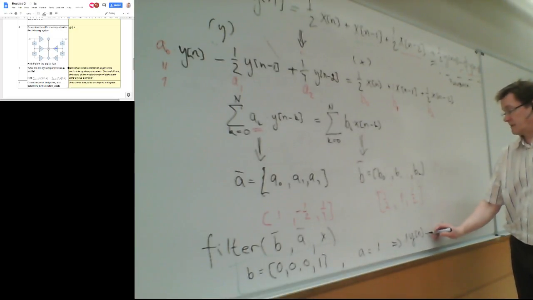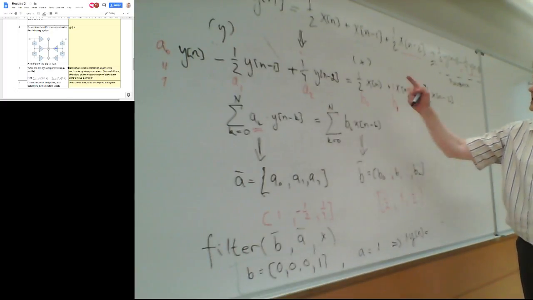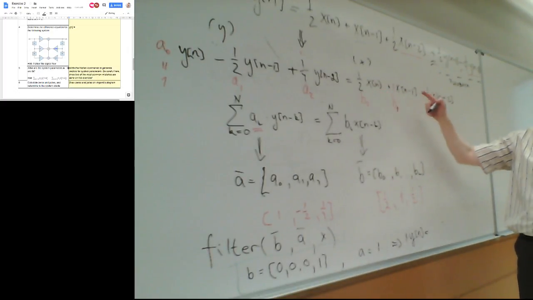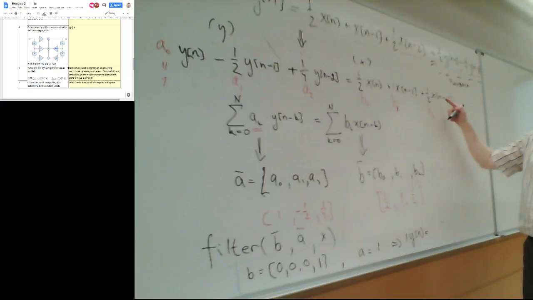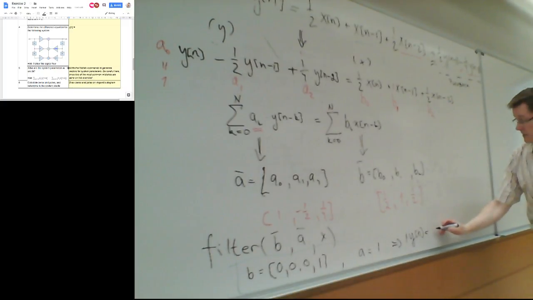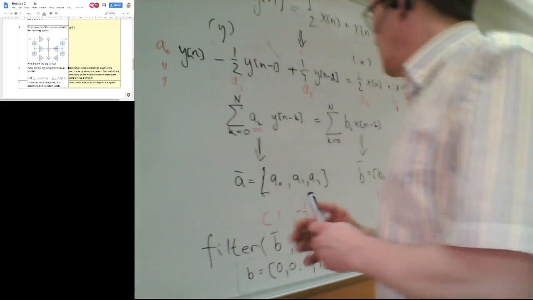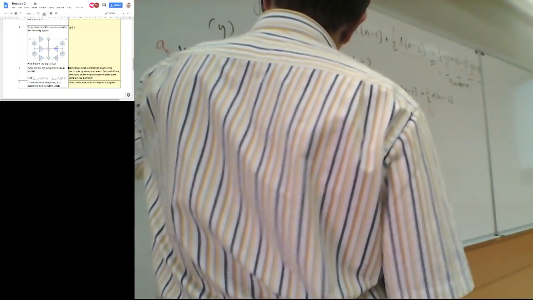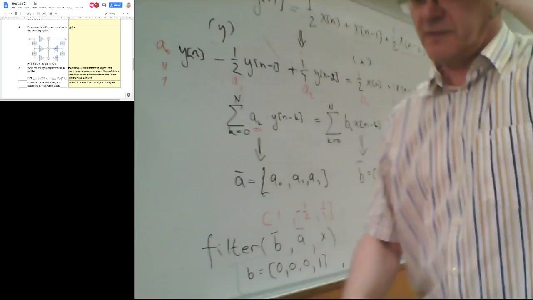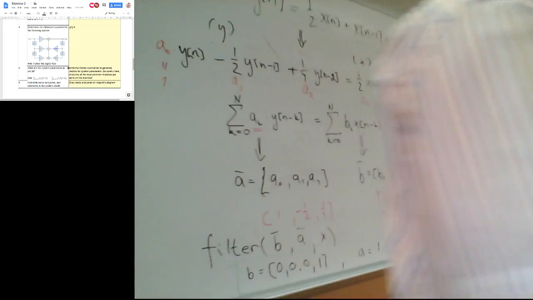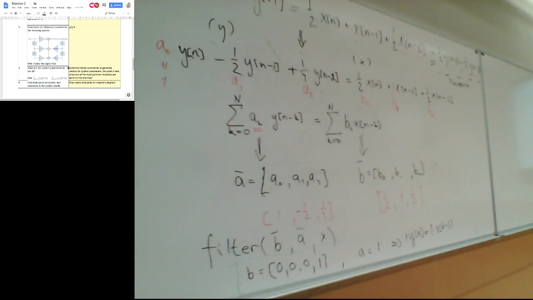One times y of n equals 0 times x of n, 0 times x of n minus 1, plus 0 times x of n minus 2, plus 1 times x of n minus 3. So yes, it is a 3 time step delay. So after you have been able to define these system coefficients, you can already use those coefficients to manipulate data.